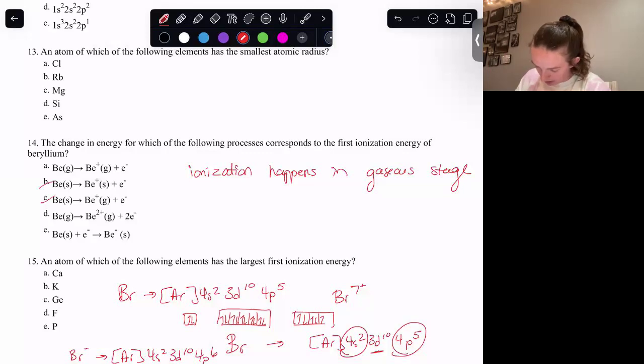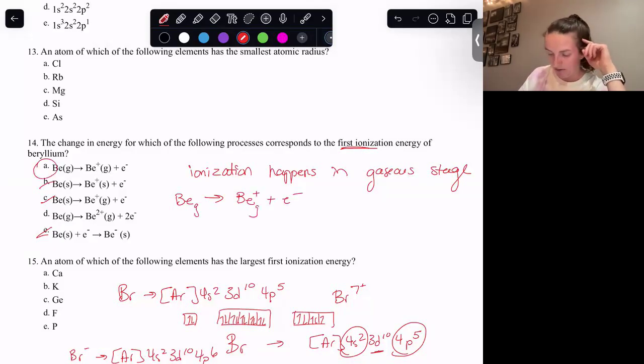So that gets rid of B and C and E. And then we know that the first ionization energy means that we are only removing the first electron, right? One electron. So we're going from beryllium to beryllium plus, right? Because we're removing an electron and that's negative. So we're going to be producing an electron in the gaseous state. So it's going to be A.